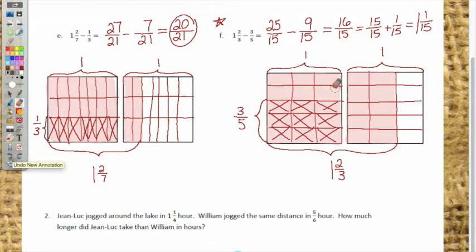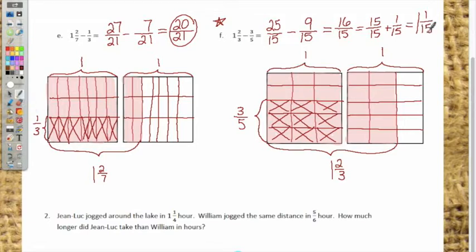I don't think it's going to let me erase. No, never mind. But if I count them, I've got 10, 11, 12, 13, 14, 15. That's 1 whole. Plus 1 more, right there, which is 1/15.